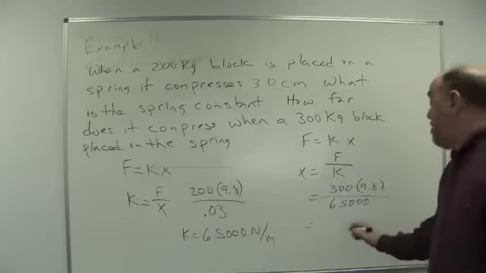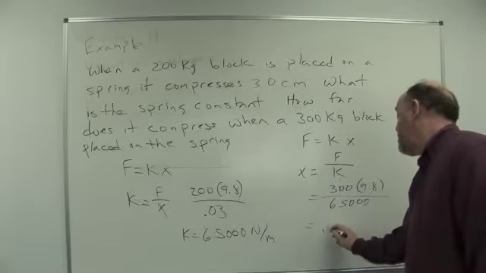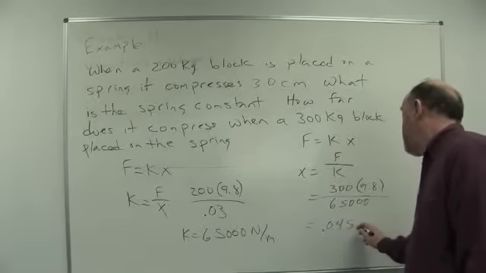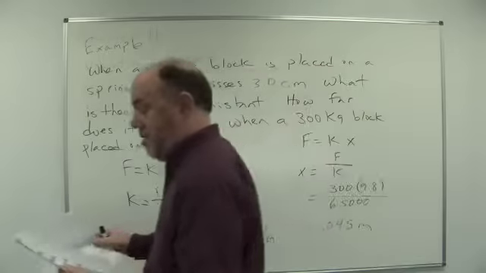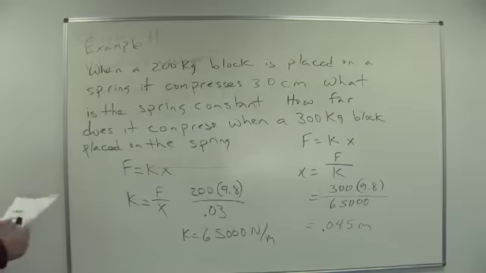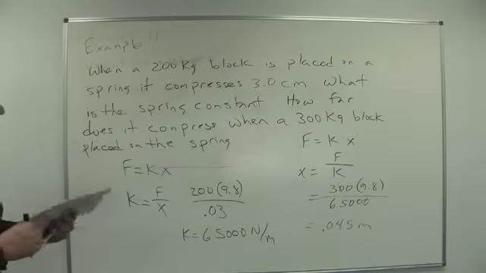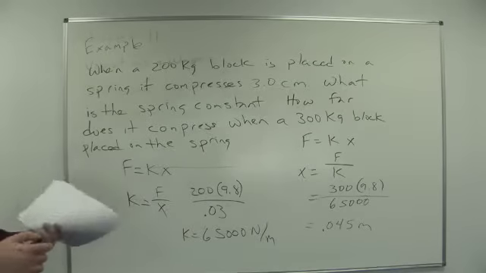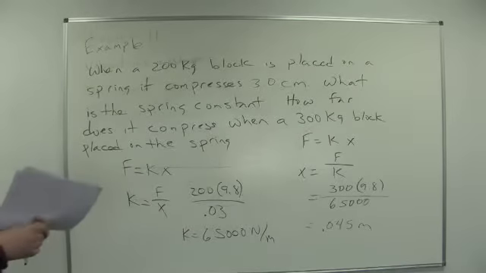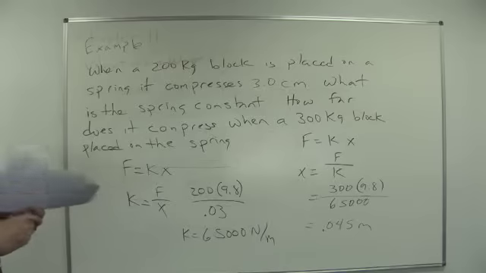And so we find that the spring will now move 0.045 meters. So we can figure out, from the K value for our spring, how much it depresses or expands given the new block.